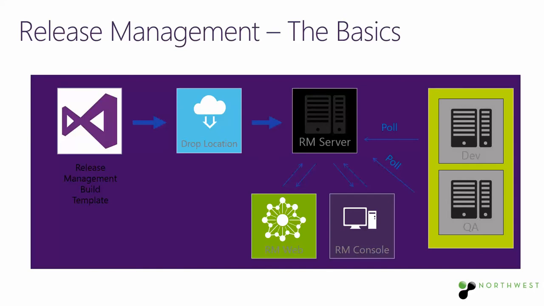Then the dev and QA machines would pull from that release management server rather than the opposite way around. So they would pull it. And then you'd interact with the release management server by either the release management web client or the console client. Either way does the same thing that you're looking for.